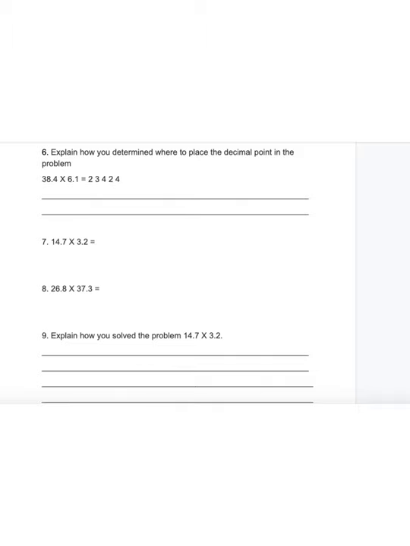Moving on to number 7, we have multiplication of 2 decimals, so I'm going to multiply them like they're whole numbers.